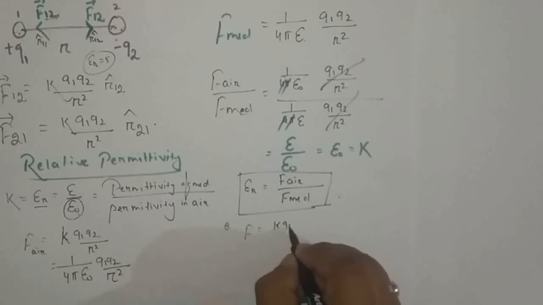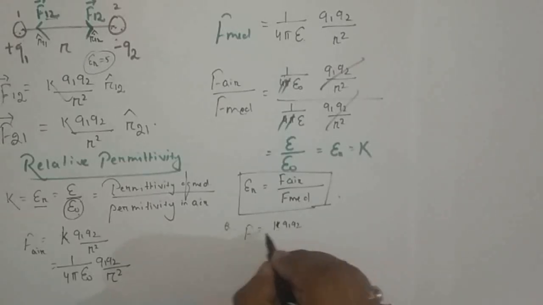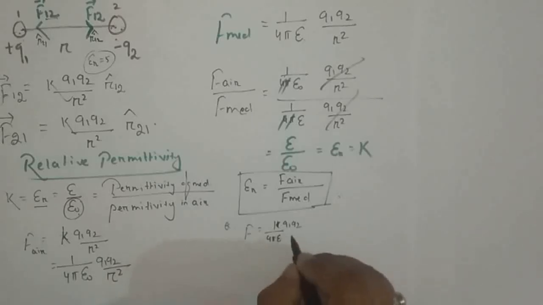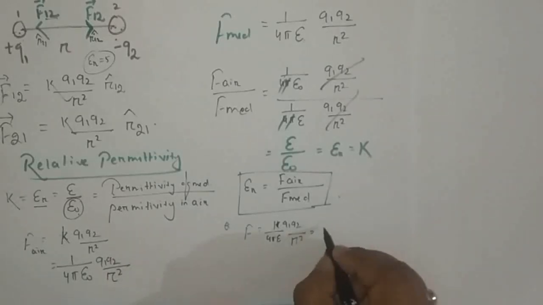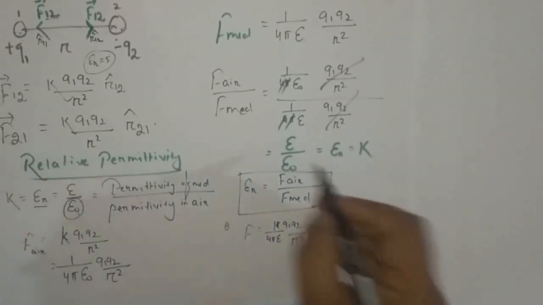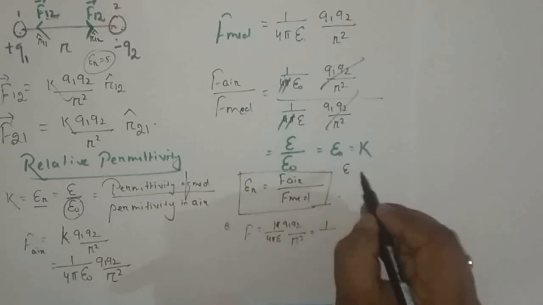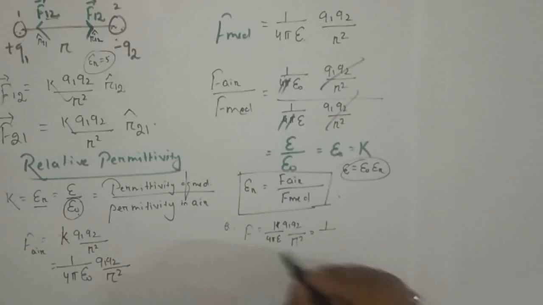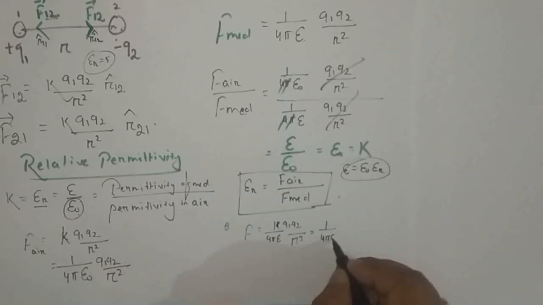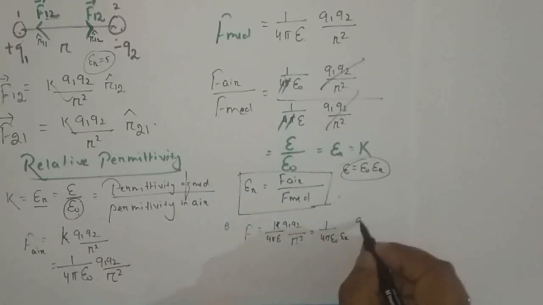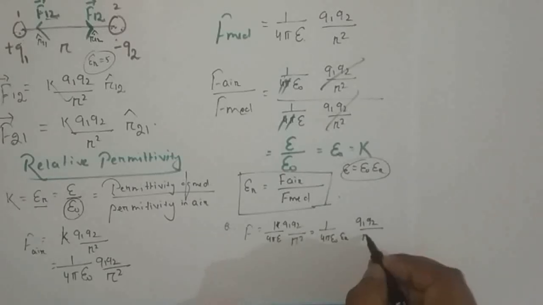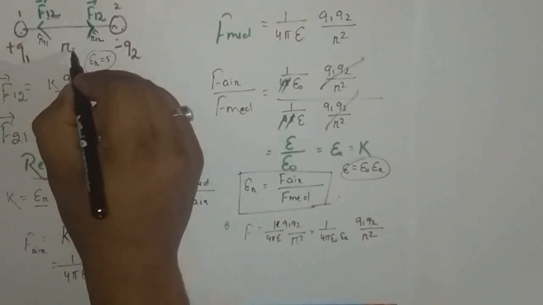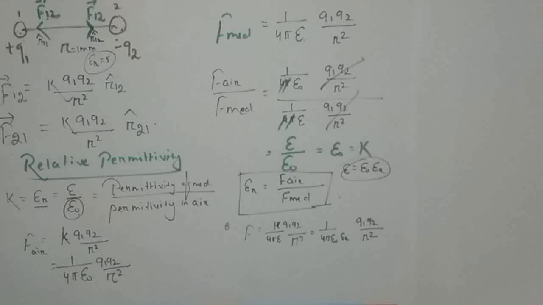It is 1 by 4 pi epsilon Q1 Q2 by R square, and epsilon is epsilon naught into epsilon r. Let us put that value here: 1 by 4 pi epsilon naught into epsilon r, Q1 Q2 by R square, and let them be separated by 1 mm distance.